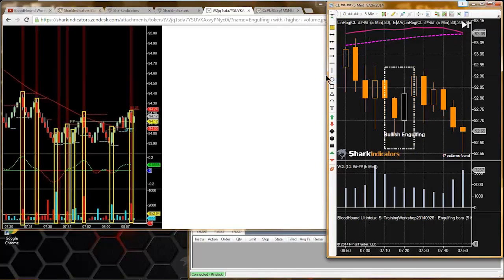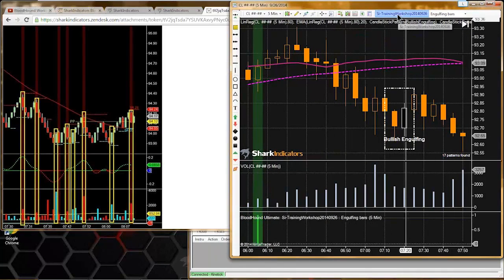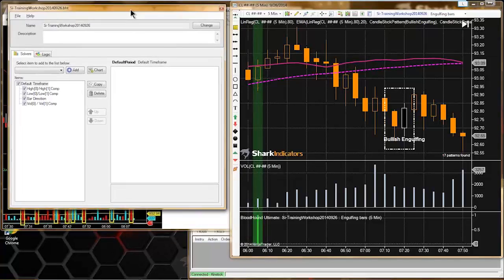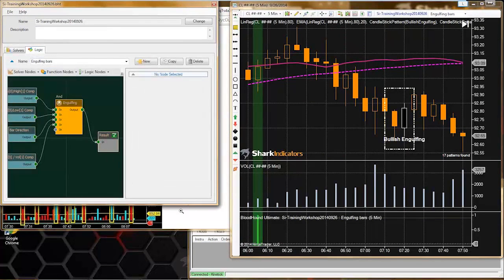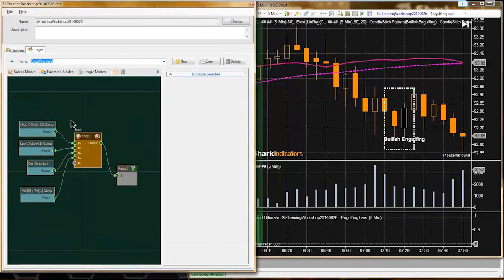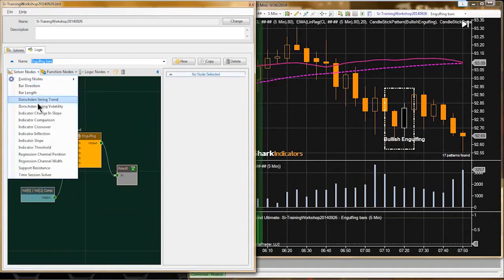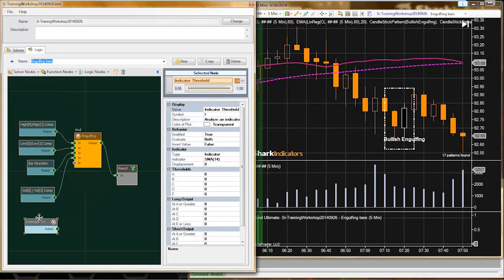Alright, so the way we can use NinjaTrader's indicator inside of BloodHound is we're going to use the threshold solver. Let me drop a new threshold solver on here. There we go. Let's connect this guy up.